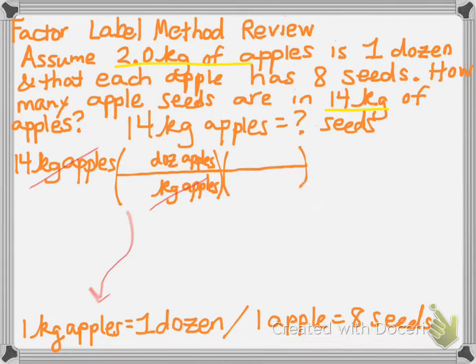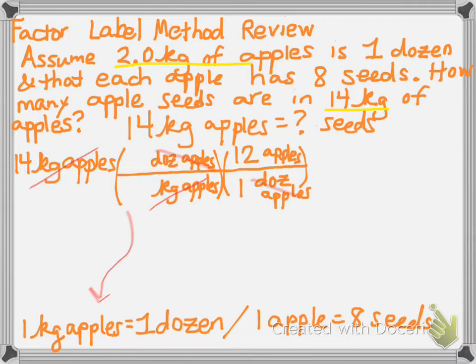So dozen apples is in my numerator, which means it has to go in my denominator. And I think you know something about that, right? You know that 1 dozen apples is 12 apples. Okay, so now unit-wise, I have dozen apples and dozen apples.